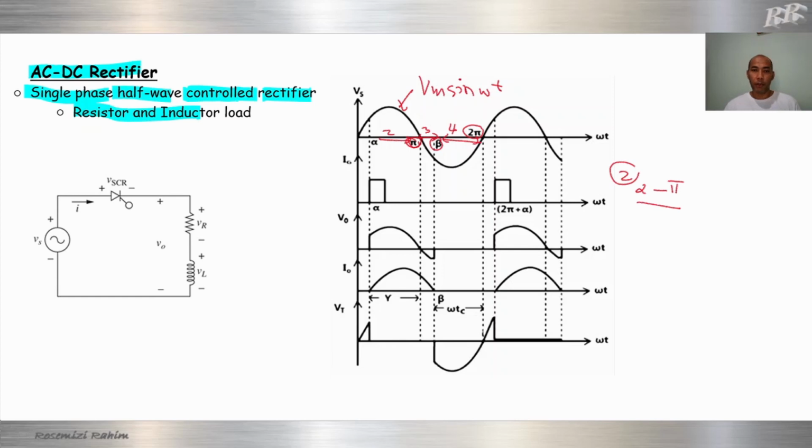Okay, second section is from alpha to pi. This one is positive cycle. So we still provide positive cycle from alpha to pi.